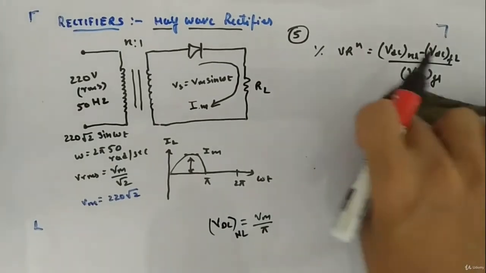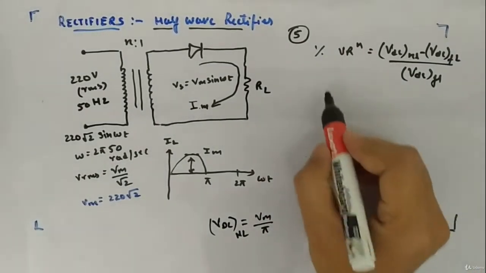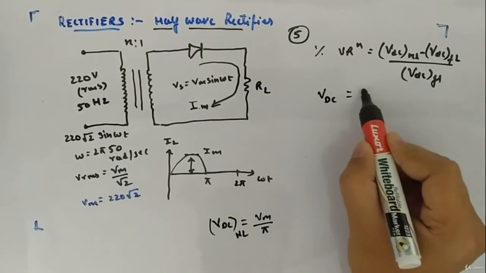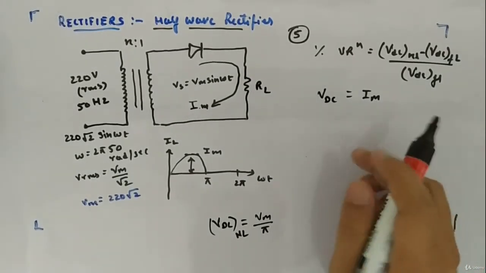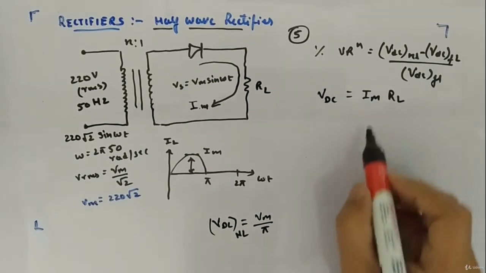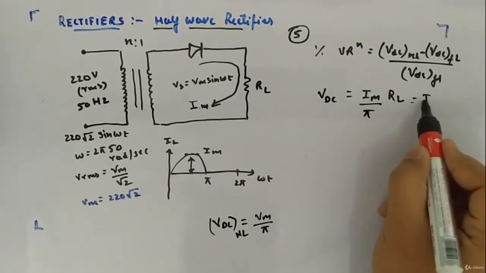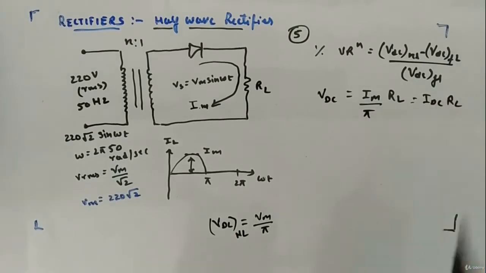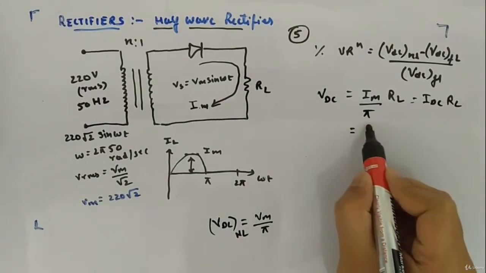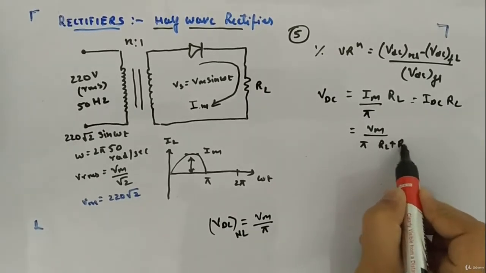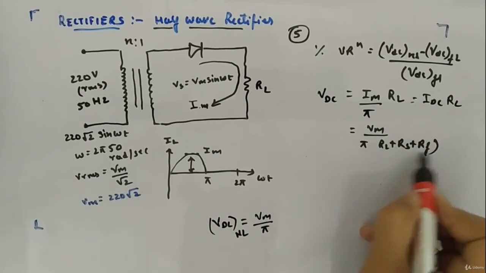Now the full load value we can see directly. We have calculated this in the second: VDC was Im into RL divided by pi, or this was also IDC RL. If I write it in terms of Vm, it is Vm divided by pi times RL plus RS plus RF.